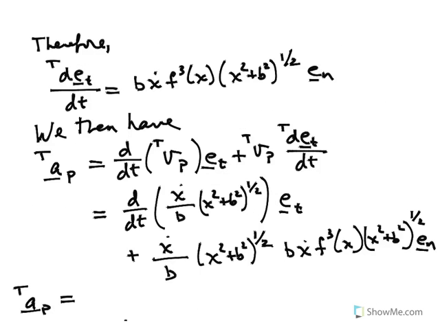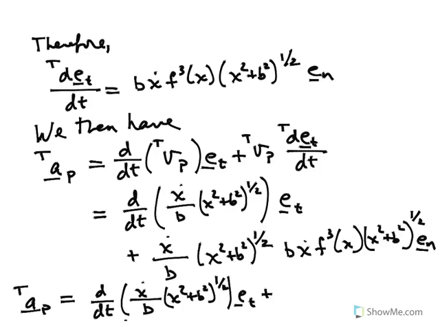So if I substitute in that value for the function, I get d dt of x dot over b, and then I've got times x squared plus b squared to the 1/2, which gives me x squared plus b squared to the 1/2 times et, and then a lot of this winds up simplifying because the b drops out, I've got x dot squared times x squared plus b squared, and then times f cubed of x times en.